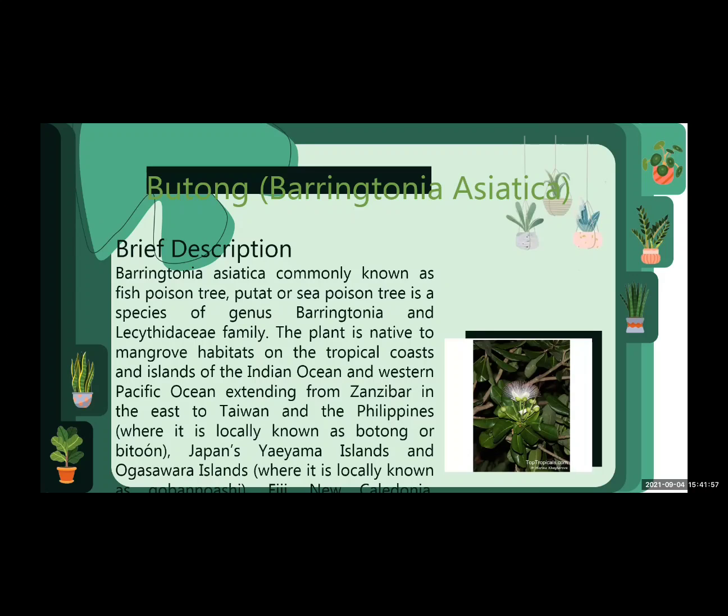The plant is native to mangrove habitats on the tropical coast and islands of the Indian Ocean and Western Pacific Ocean, extended from Zanzibar in the east to Taiwan and Philippines, where it is locally known as Botong or Bitoon, Japan's Iriomote Island and Ogasawara Island. So ang kani siya ay natawag siya as fish poison tree sa laing nasod. Maka-poison siya sa mga isda. So next.